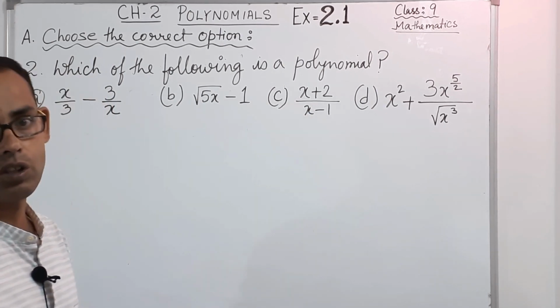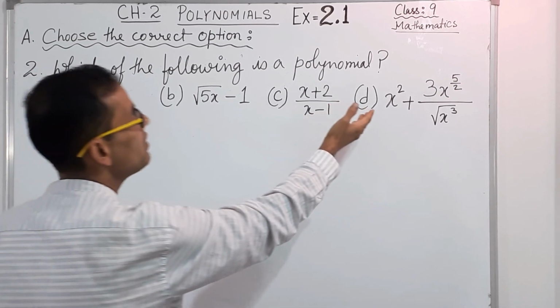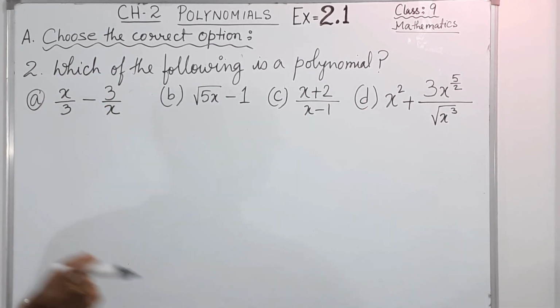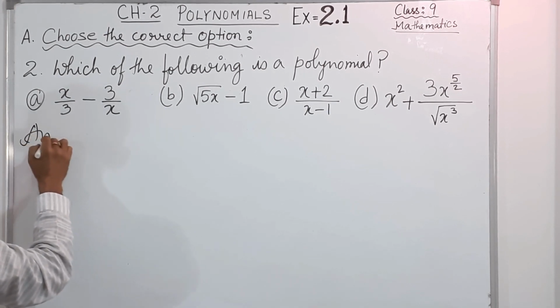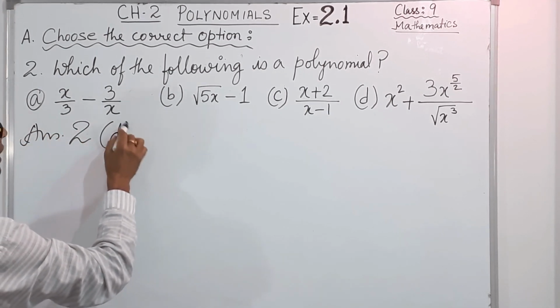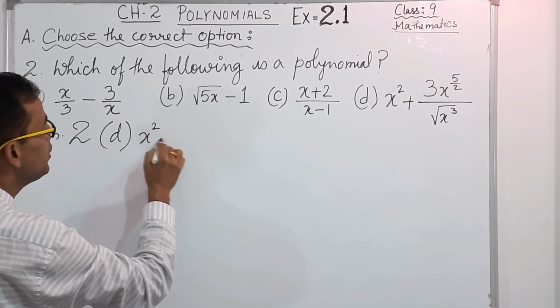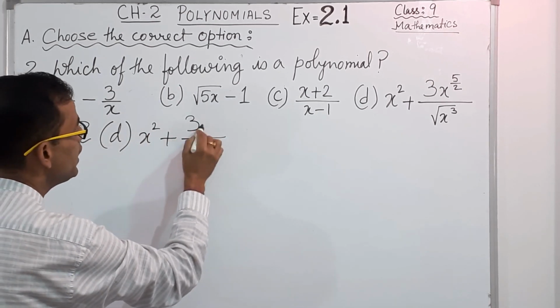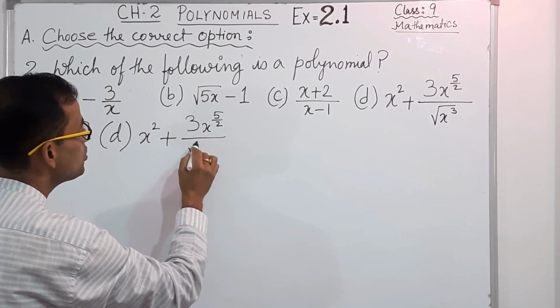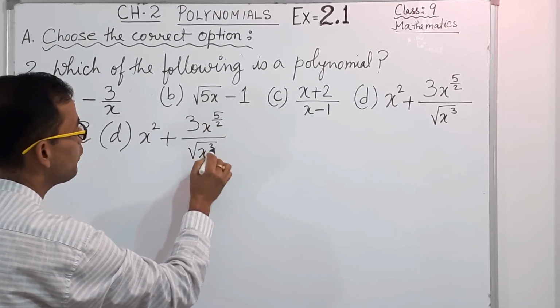Okay, so this is also not a polynomial. Then which one is left? The last one. Okay, so last one has to be a polynomial. So answer is how much? Answer 2, number D, and what it is? x square plus 3x to the power 5 by 2 root over x cube.